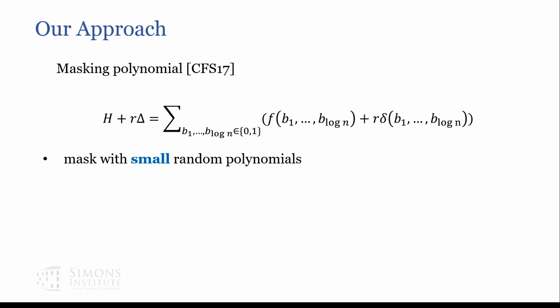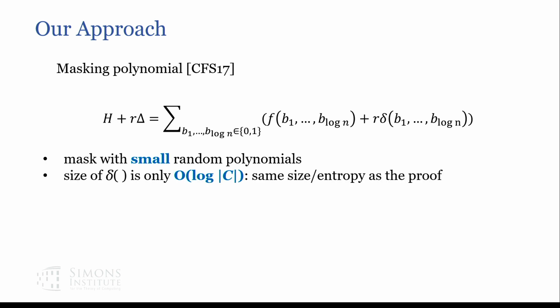The idea is quite simple: Sumcheck is leaking information, but the proof size is only logarithmic in the size of the polynomial, log c. So it cannot leak all the coefficients of this polynomial. At most, it can leak the entropy of log c numbers. That means it should suffice to mask this thing with that many random coefficients.